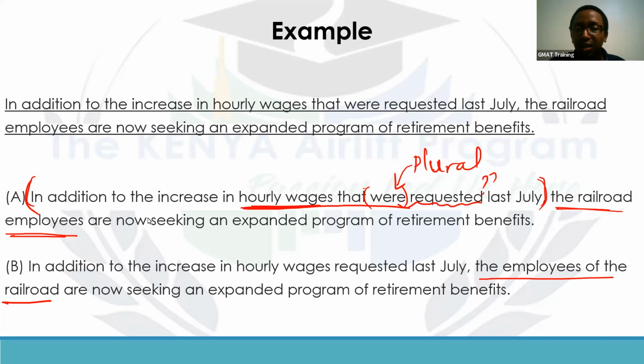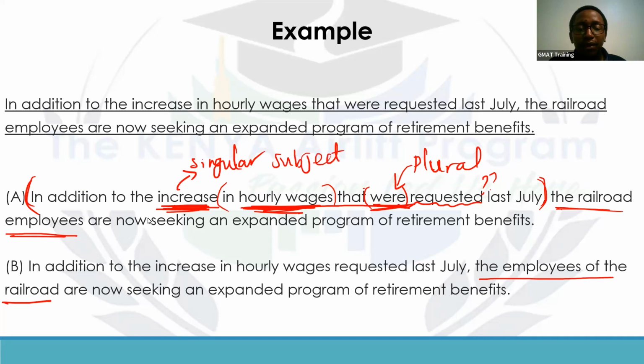Just ask yourself: what was requested? Is it the wages or is it an increase in the wages? What was requested was an increase, and increase is singular. So it's an increase in hourly wages that, so here we cannot have a plural verb for a singular subject.